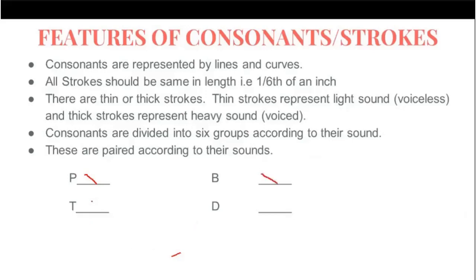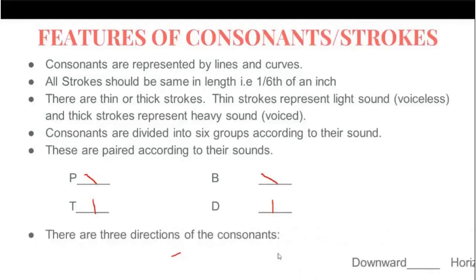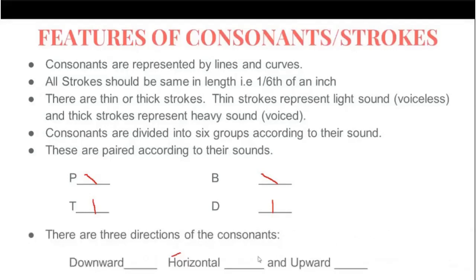T with the angle of 90 degrees. It is a light stroke. And D at the angle of 90 degrees. It is dark. There are 3 directions of the consonants: downward, horizontal, and upward. Downward means writing the outlines from top to bottom.